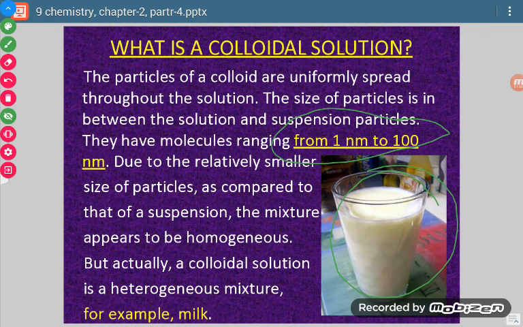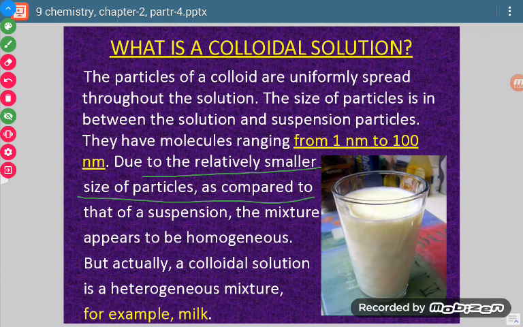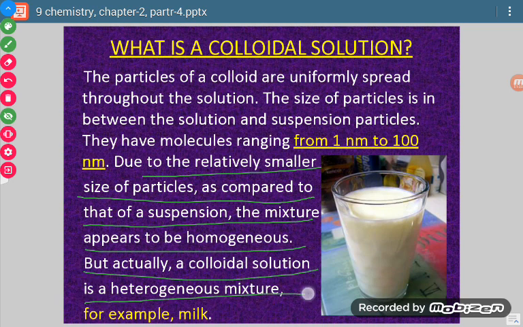Due to the relatively smaller size of particles as compared to that of a suspension, the mixture appears to be homogeneous. If you see a glass of milk, you feel that it is homogeneous, but actually it is heterogeneous.